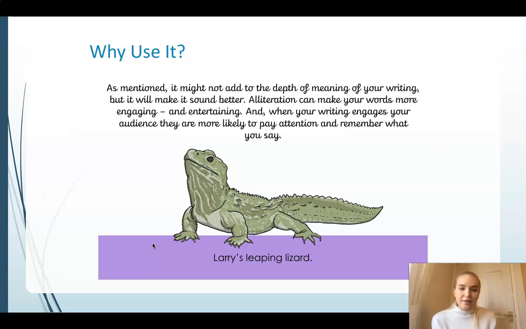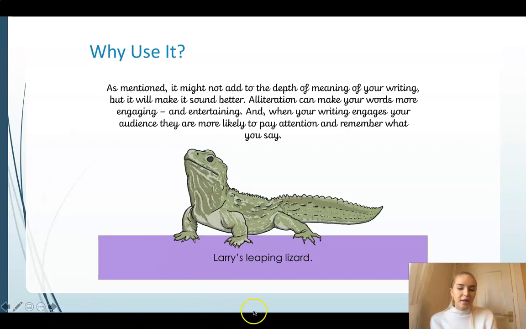But it does make it sound better. Sometimes when you have alliteration, it can make your writing sound more engaging and more entertaining. It makes it nicer to read and it makes you feel a bit happier when you read it because you know that the poet or the writer has tried really hard to make it engaging. And when your writing engages the reader, the audience, they're more likely to remember what you say.